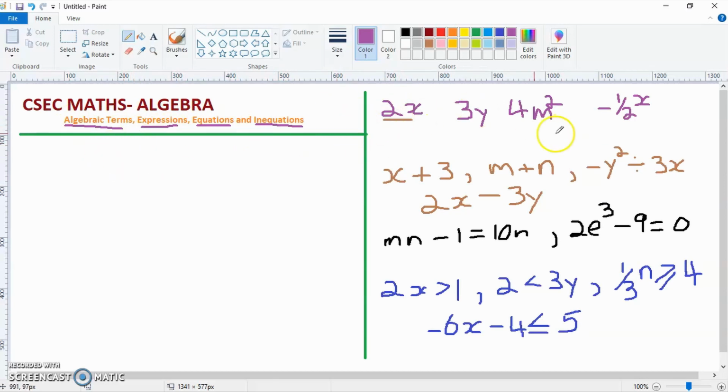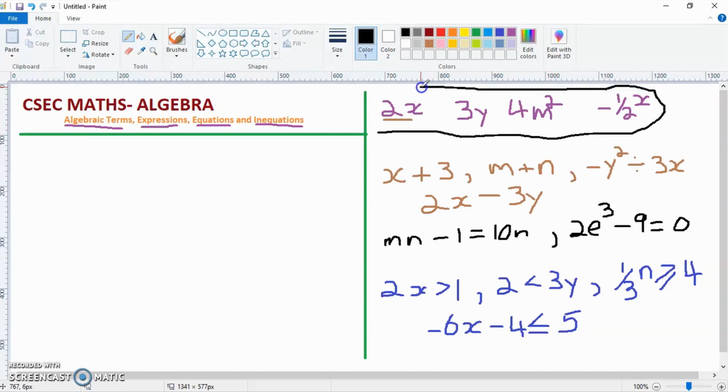On the right of the screen here I've written some algebraic entities. We have 2x, 3y, 4m squared, negative half x. All those are what we call algebraic terms. All these algebraic entities I'm circling here are algebraic terms.